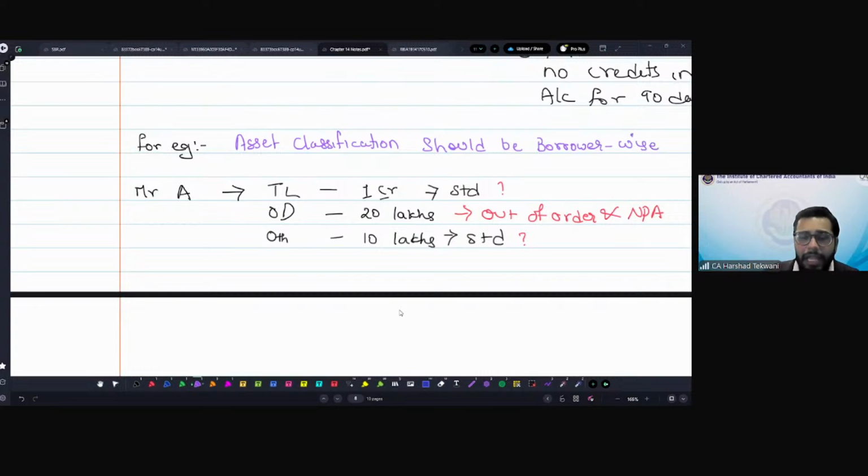That means the moment I classify this as an NPA, I have to classify these two also as NPA, even though they are being paid on a timely basis. Therefore, all the facilities granted by a bank to a borrower will have to be treated as NPA, irrespective of the current scenario on that particular facility.